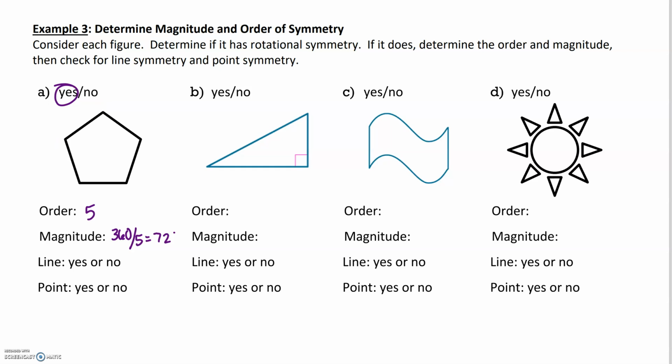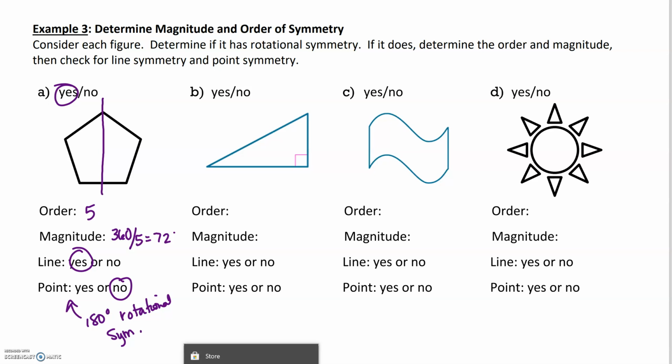And then line symmetry: if I drew a line in all of its different parts, would it be symmetrical? And yes. Point symmetry, remember, is that 180 degree rotational symmetry, which on this one it does not have, because it doesn't go directly there.